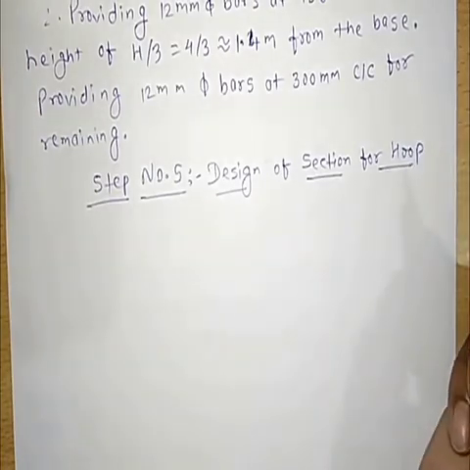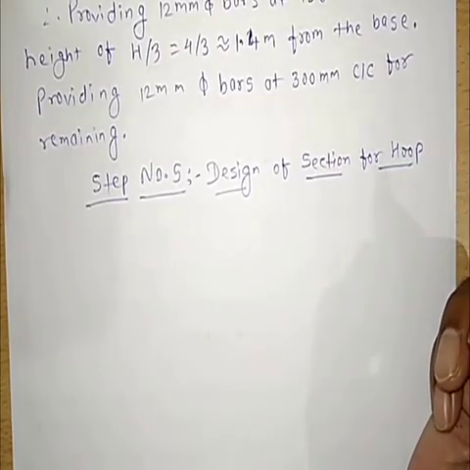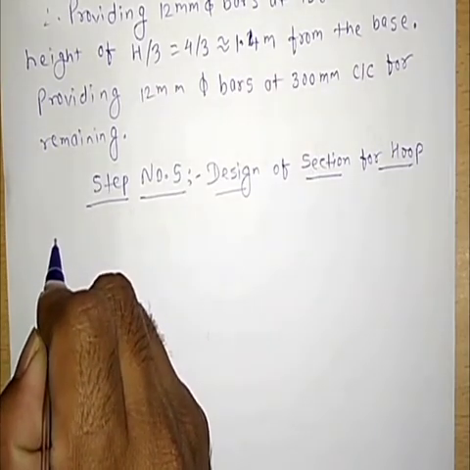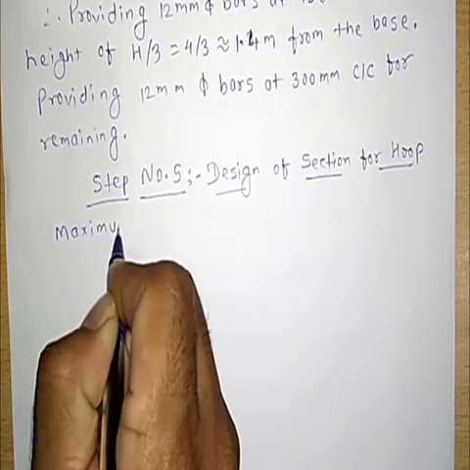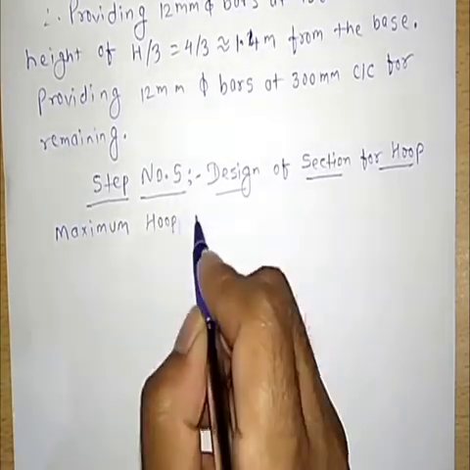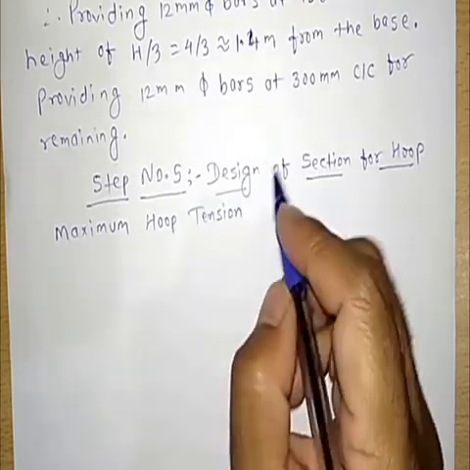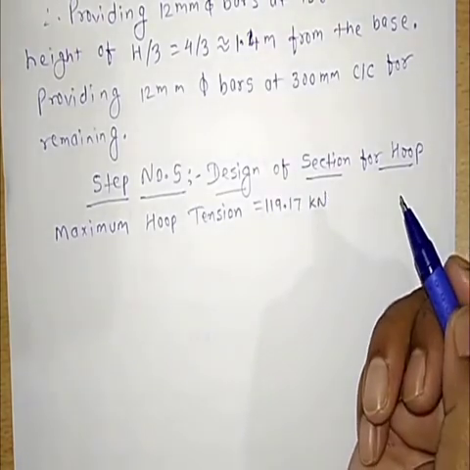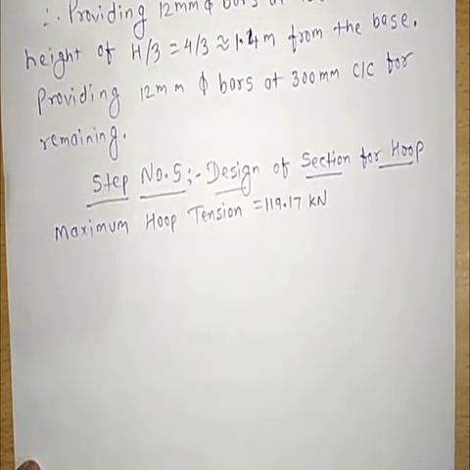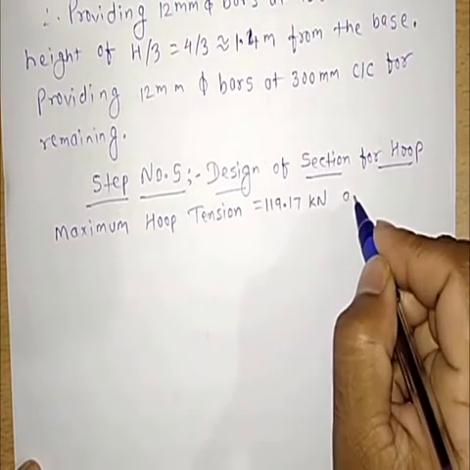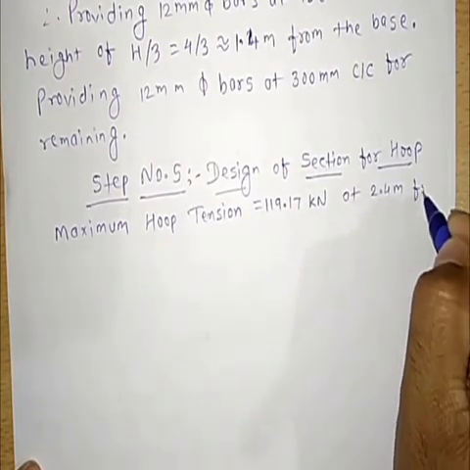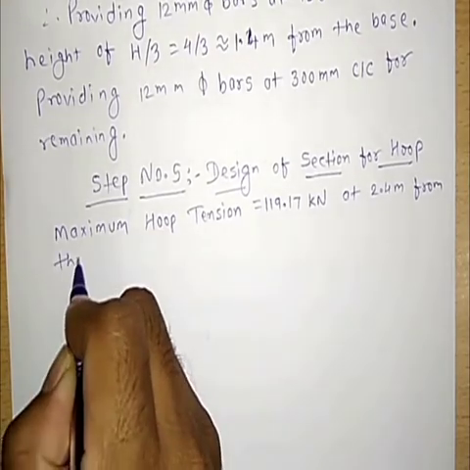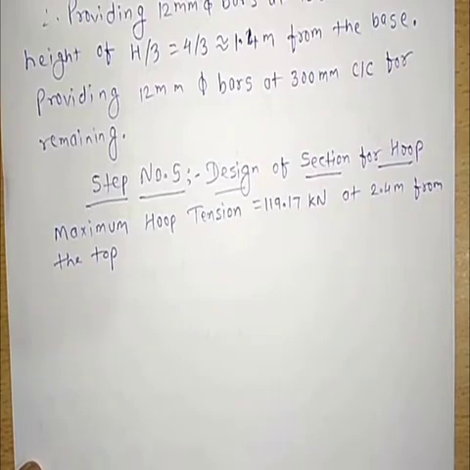We got the maximum hoop tension, and that is equals to 119.17 kilonewton from the earlier step, and it was actually at the distance of 2.4 meter from the top, or from the base, 4 minus 2.4, that is 1.6 meter from the base.